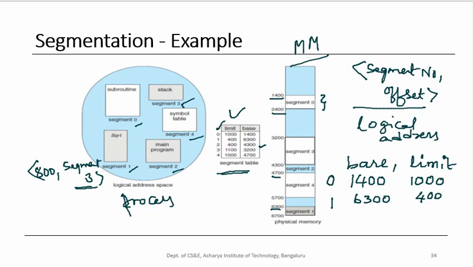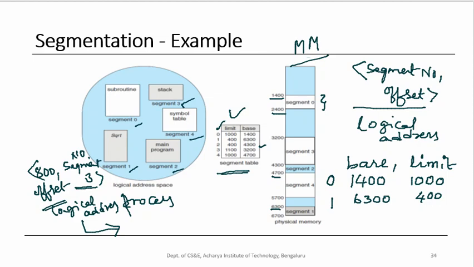The segment number in this case is 3 and the offset is 800. So this becomes the logical address, which will be generated by the central processing unit, and this logical address is converted into a physical address with the help of the segment table.